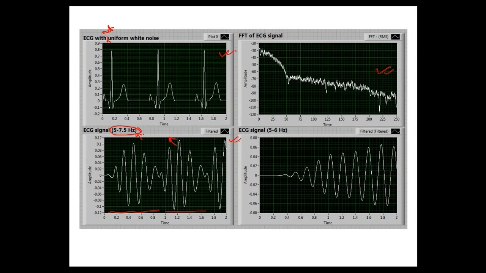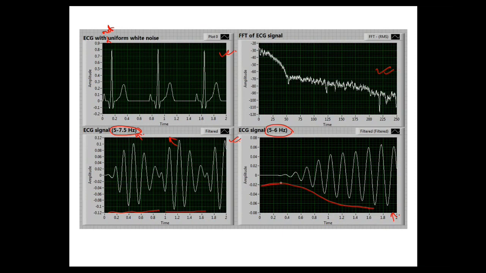Okay, and we all know that all the repeating patterns, they are ultimately being constituted with sinusoidal signals. Okay, now again when I fine tune the signal component again to 5 to 6 hertz, see, I start to get a sinusoidal signal. Obviously there are some distortions over here.